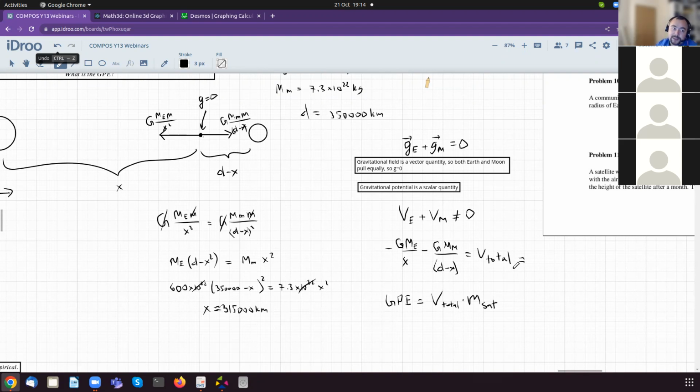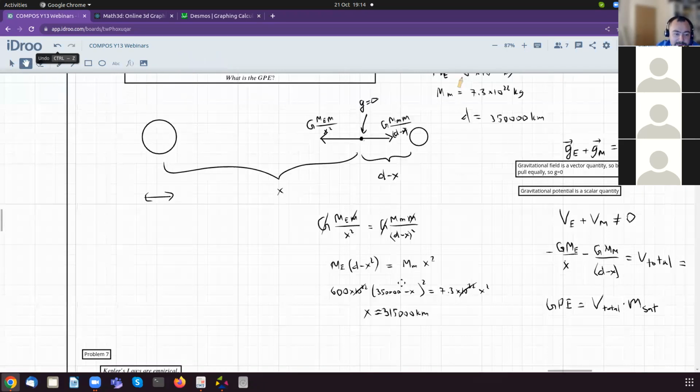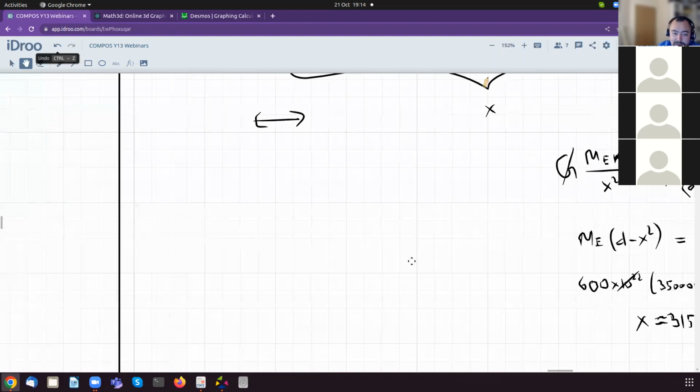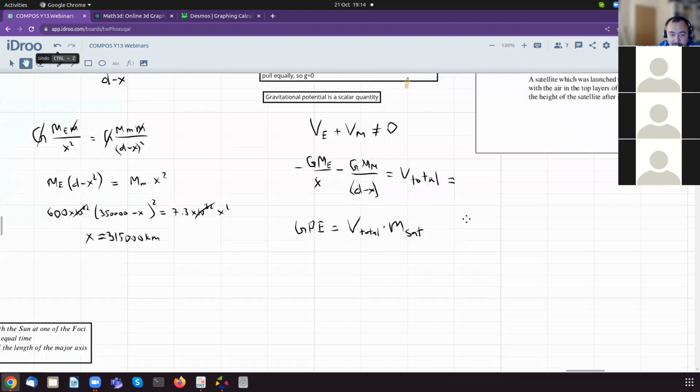Well, yes, because assume that you are at this point. You won't be able to drift to infinity from that point. You need energy to get to infinity. At infinity, your gravitational potential energy is 0.